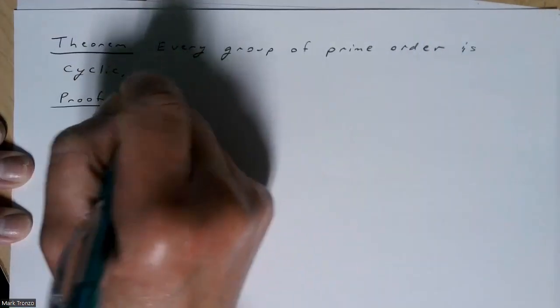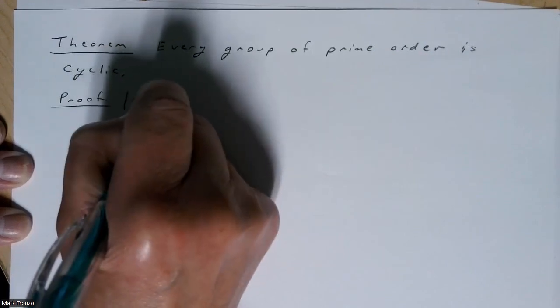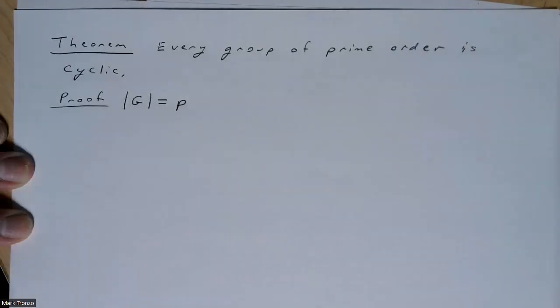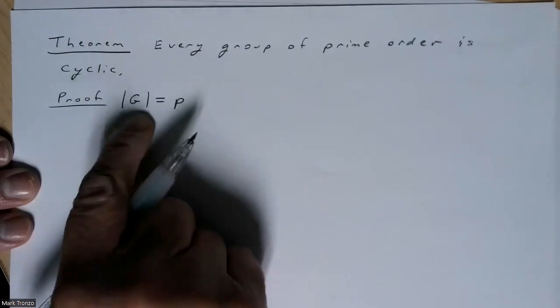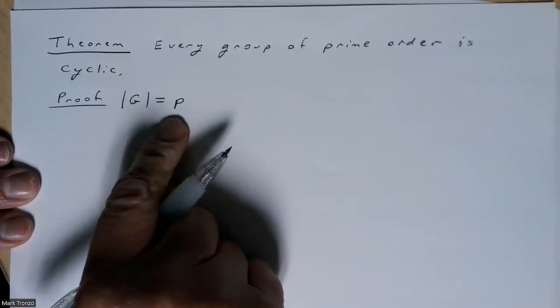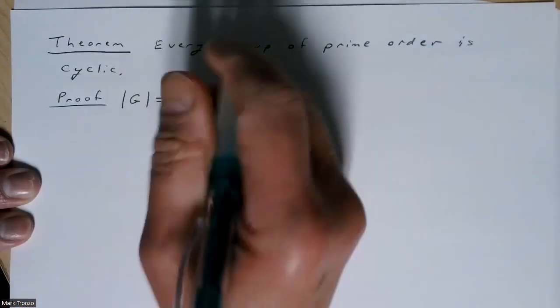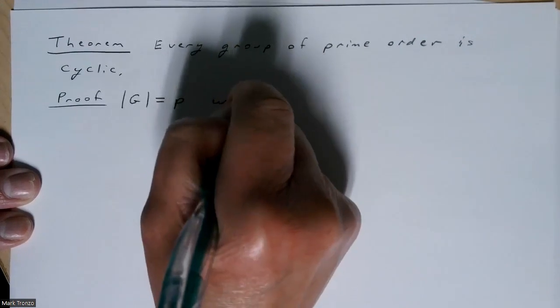So G is a group, and now it's of prime order. So let's say our group G is of prime order. That means the number of elements in G is equal to p, where p is prime.